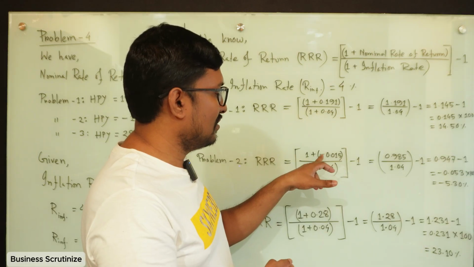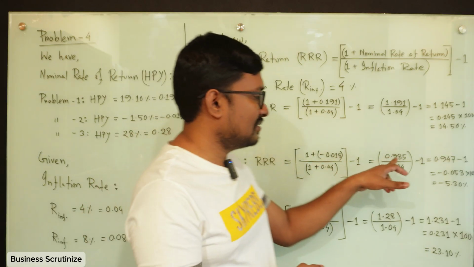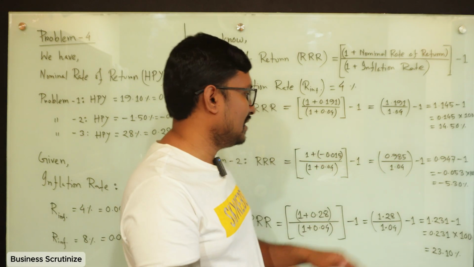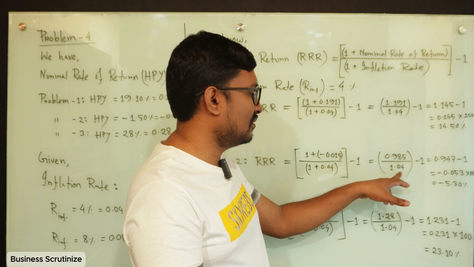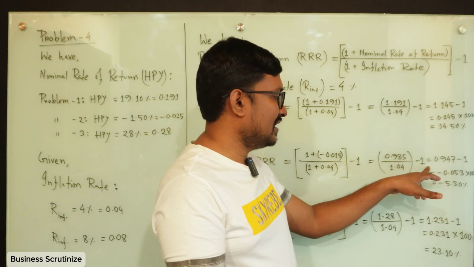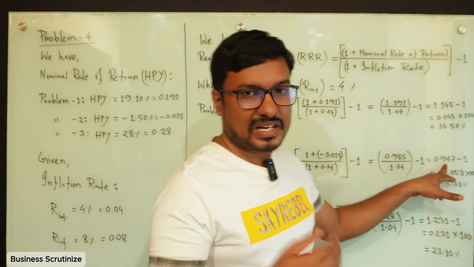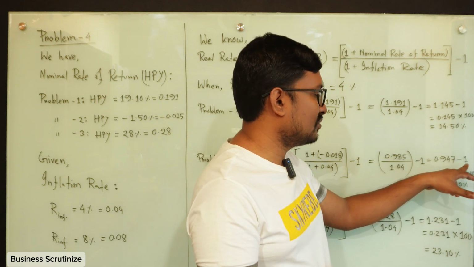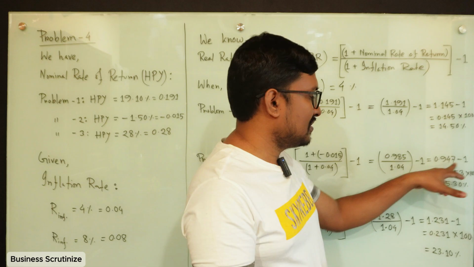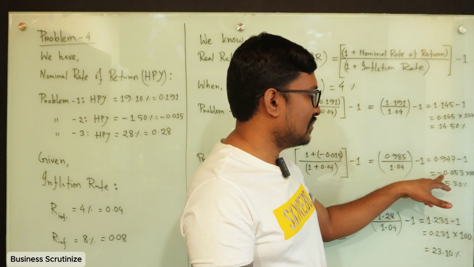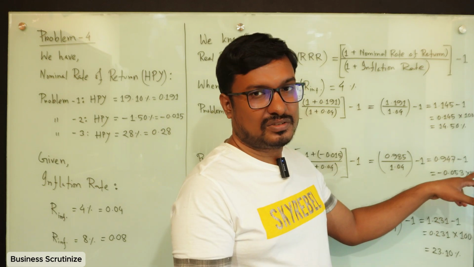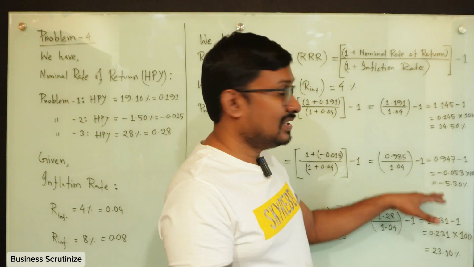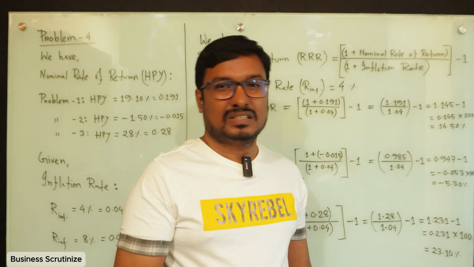The numerator sums to 0.985, divided by 1.04 gives 0.947, minus 1 gives minus 0.053, multiplied by 100, and finally it is minus 5.3%.